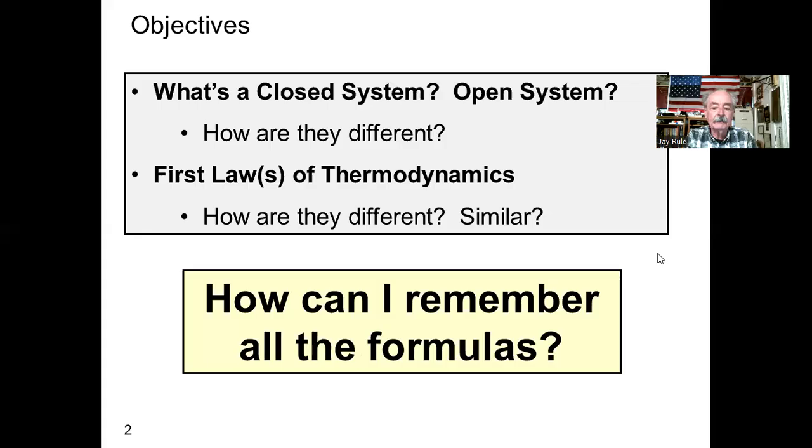Okay, then most of this video is going to be associated with statements of the first law of thermodynamics. They're basically the same, but the first law related to working with closed system problems and open system engineering problems.